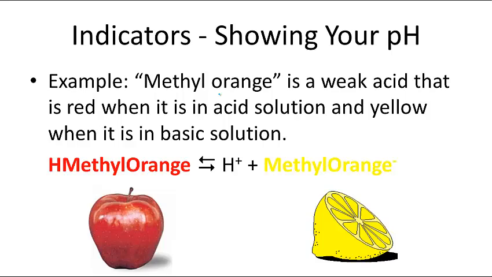So when I say methyl orange, that doesn't mean the solution is necessarily going to be orange under a certain set of circumstances. So methyl orange is red in its acidic form, but if it loses its proton, it becomes yellow. All right? So what I'm calling H-methyl orange with the hydrogen on, that's red. It loses the hydrogen, becomes yellow.